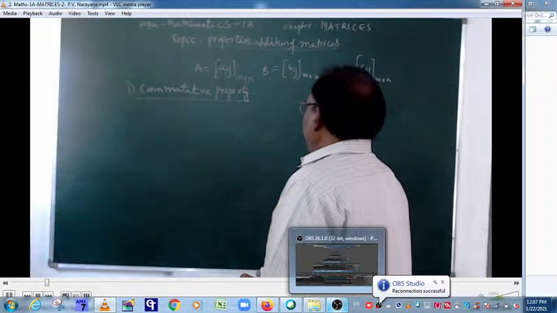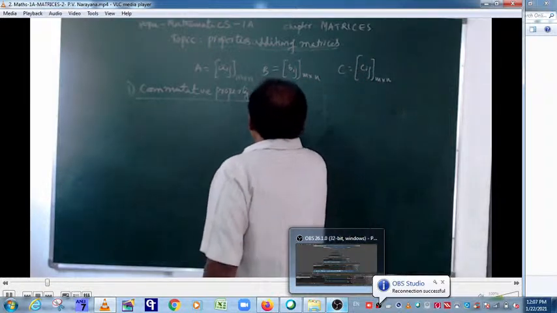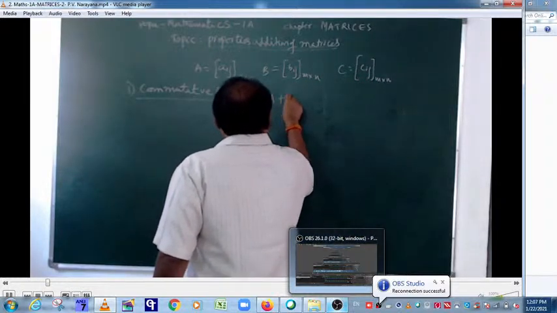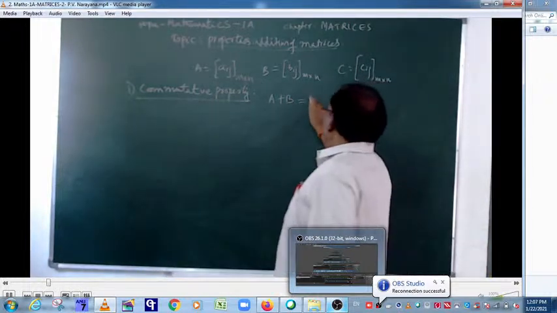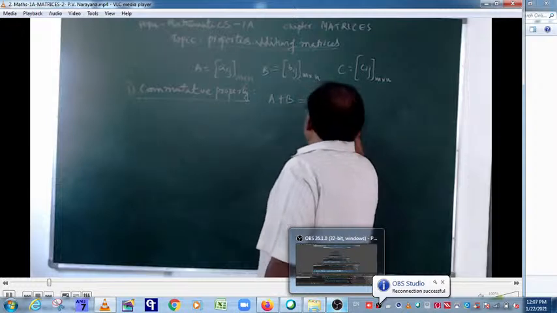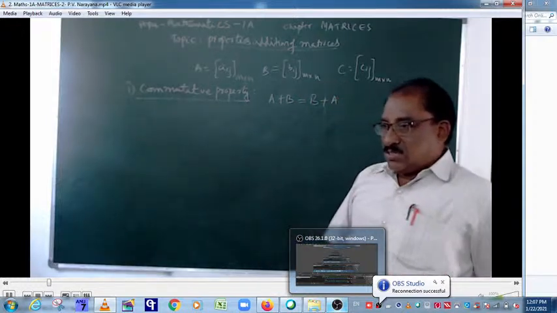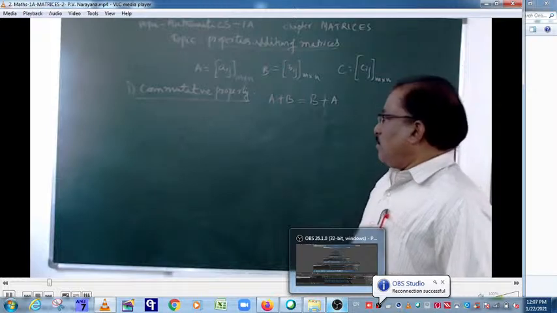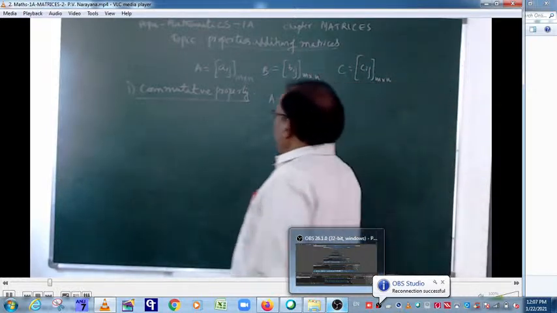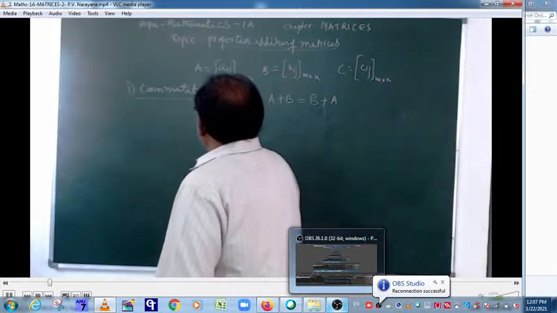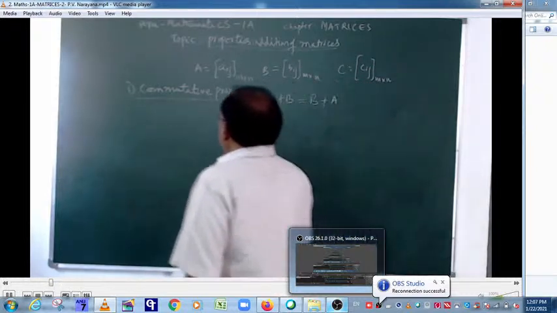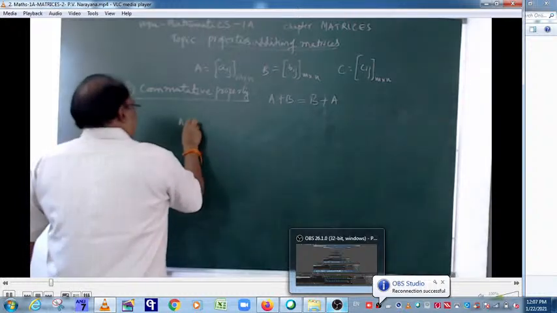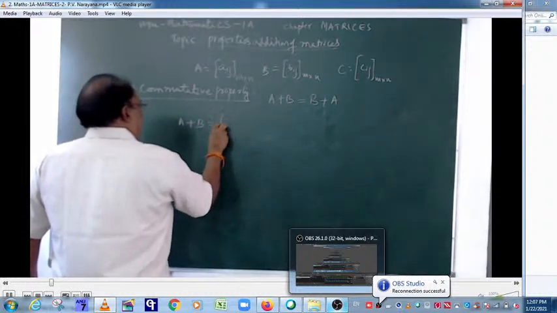The commutative property is simply this: A and B are two matrices. If A plus B is equal to B plus A, this is the commutative property. Now, we will discuss this in detail. So, A plus B is equal to, here what is A?